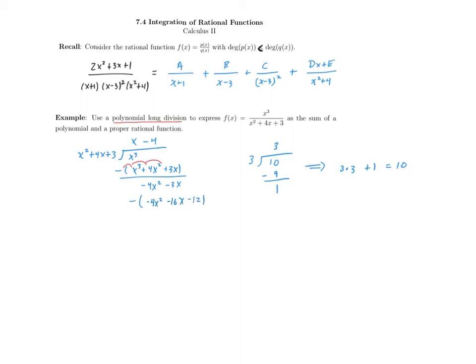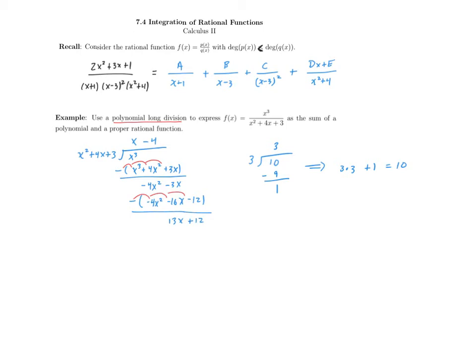So the minus 4x squared and minus 4x squared cancel each other. And remember, once again, distribute the minus sign through. So the next x term would be minus 3x plus 16x. So that would be a 13x, and then minus a minus, plus 12.